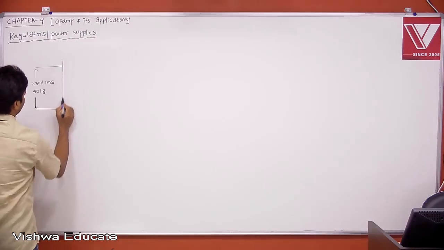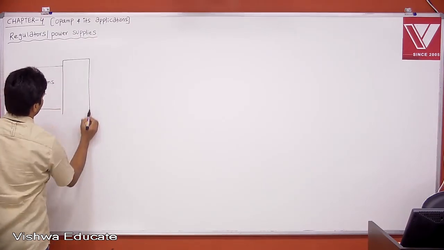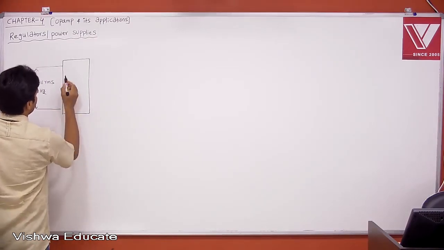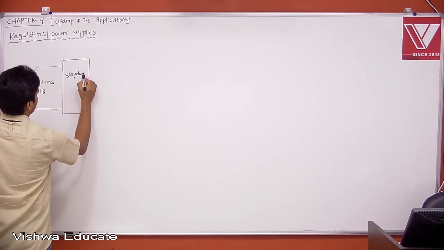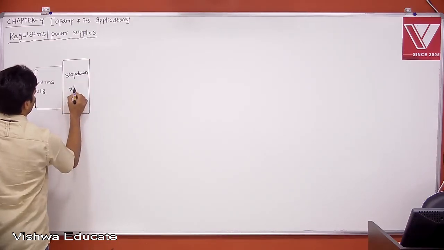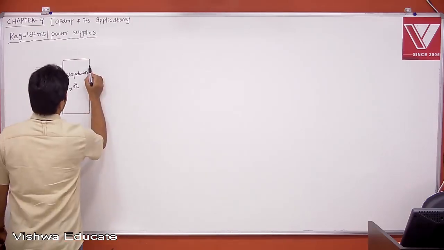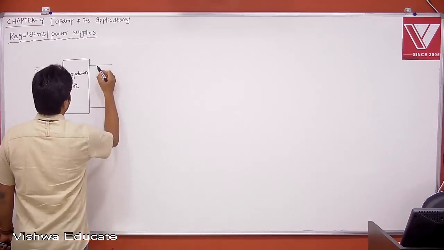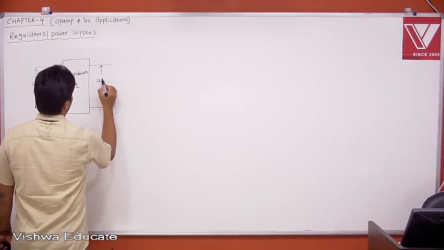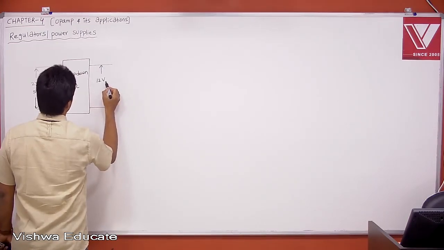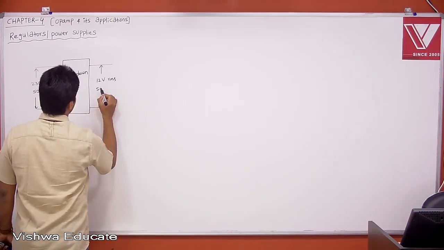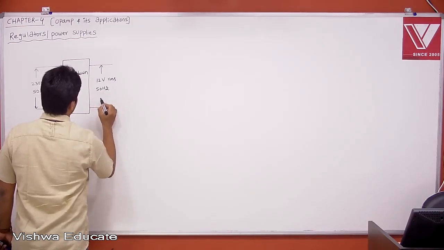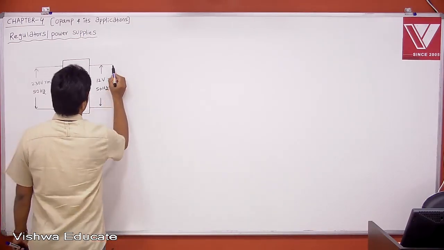Now we need to down convert. This is what people use, a step down transformer. Maybe you can convert into center tapped or whatever. This is 12 volt, step down 12 volt RMS, 50 Hz.